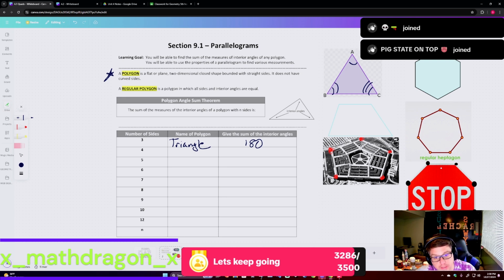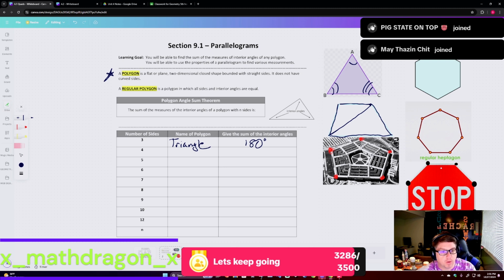This is going to be our jump off point for the rest of the stuff, because what we're going to do is we're going to divide these figures into triangles. Because if I do that, look at this. Here's a triangle on top, and then here is a triangle on the bottom. What do we know about all the measures inside a triangle?